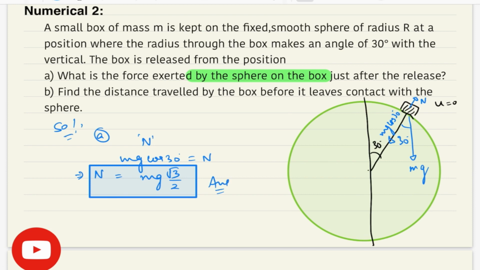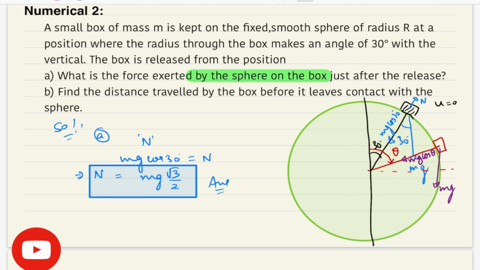Let's move to the second part: find the distance traveled by the box before it leaves contact with the sphere. Let's consider that the box came somewhere here before it leaves the contact. So it is making an angle of theta now. Now mg is acting this way and the component of mg towards the center is mg cos of theta in this direction.